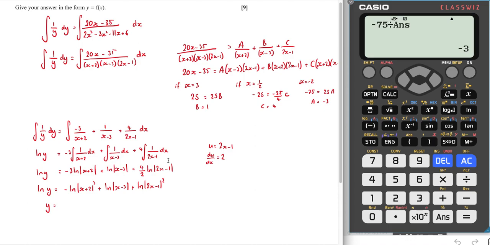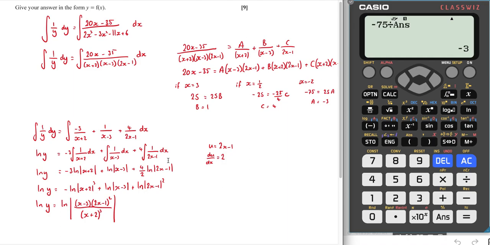So ln y is going to be ln of x minus 3, 2x minus 1 squared over x plus 2 cubed, all modulus. Sorry, that should have been ln. I'm then going to raise both of these to the power e.